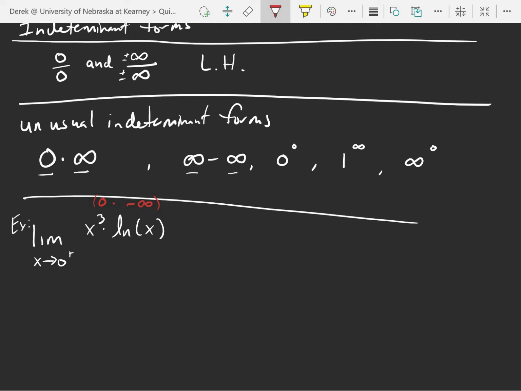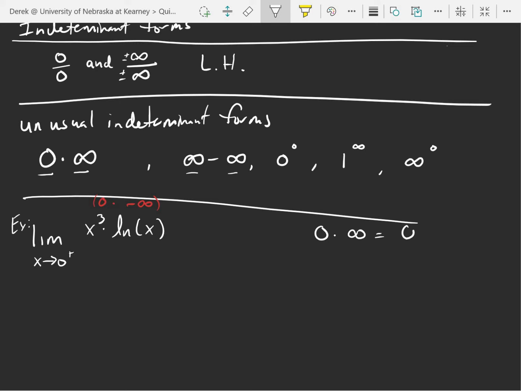How do I put this into the 0 over 0 form or the infinity over infinity form? Well, there's a couple ways to do that. I can either put it into 0 over 0 by dividing by the infinity form.